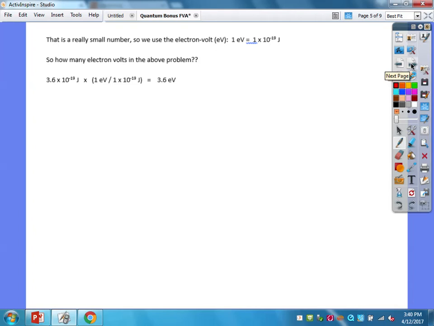Now, there is a conversion that you will be using a little bit just because it makes more sense instead of having to talk about joules in terms of 3.6 times 10 to the negative 19. All right, we have a new unit called the electron volt. This is a unit of energy. And basically it's saying 1 electron volt is 1 times 10 to the negative 19th joules. So obviously a very, very small unit of energy. So I can convert that.